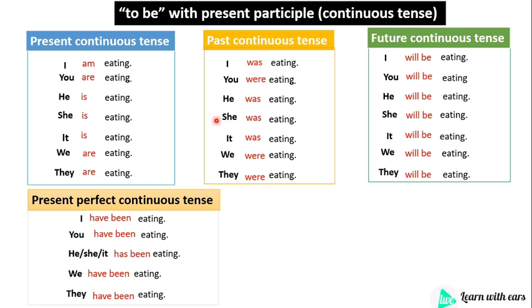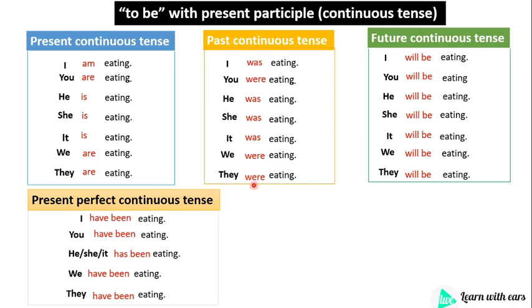With he, she and it we use was, because they are singular subjects. We and they are plural subjects, so we use were. I was eating, you were eating, he was eating, she was eating, it was eating, we were eating, they were eating.